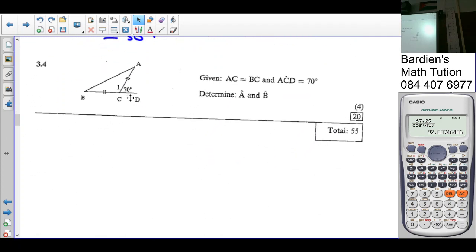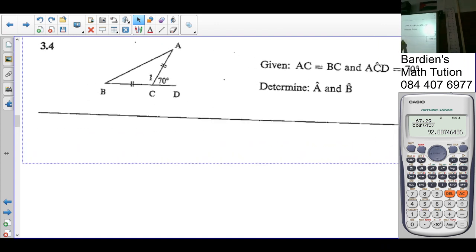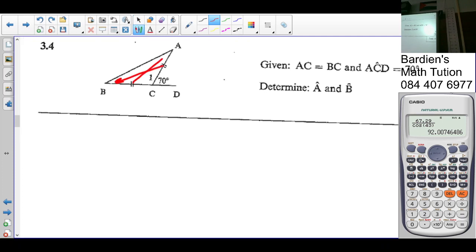The last question, 3.4. We are given that AC is equal to BC, and angle ACD is 70 degrees. You must calculate angle A. But if this is equal, what do we know? We know that this angle is equal to that angle, not so?